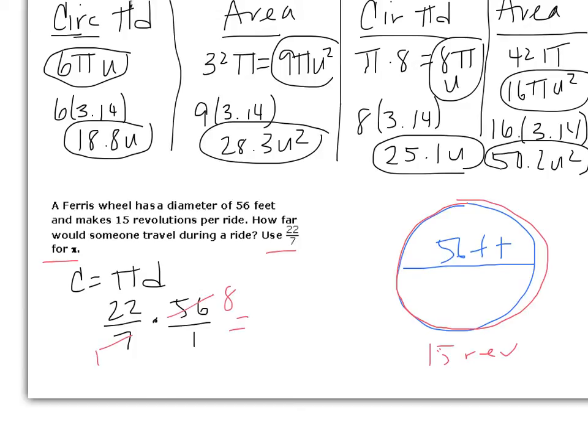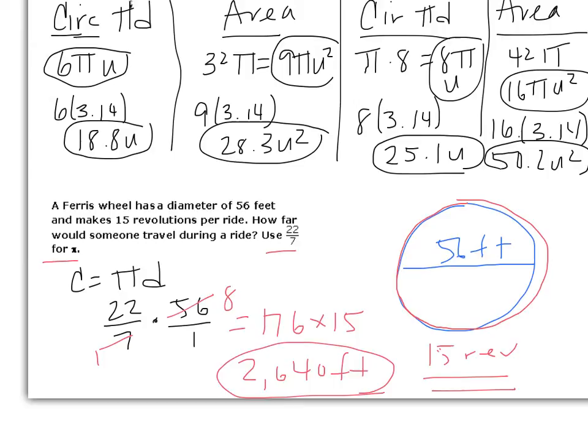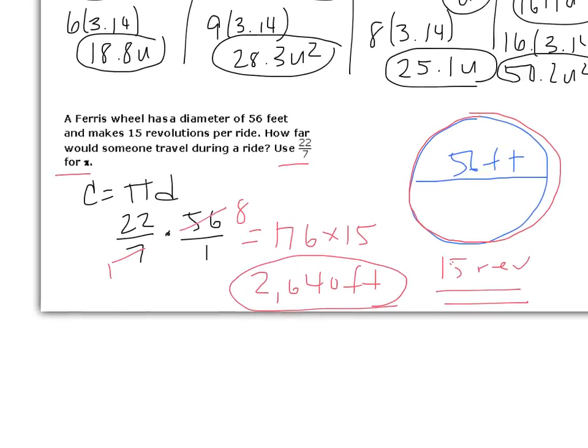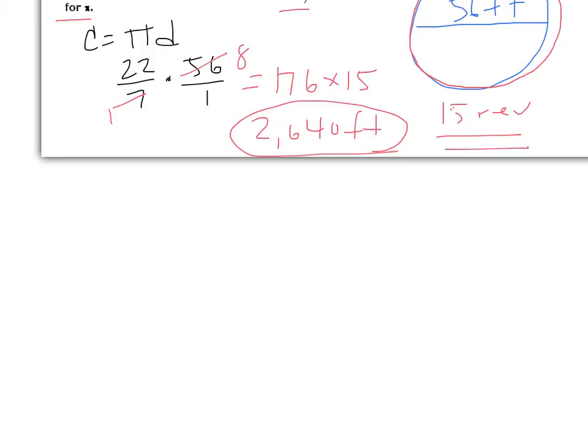So you're going to get 22 times 8, which is 176. Now that's to get around once. We're going around 15 times. So you need to then multiply that by 15, and you are traveling 2,640 total feet if you go around the Ferris wheel 15 times.